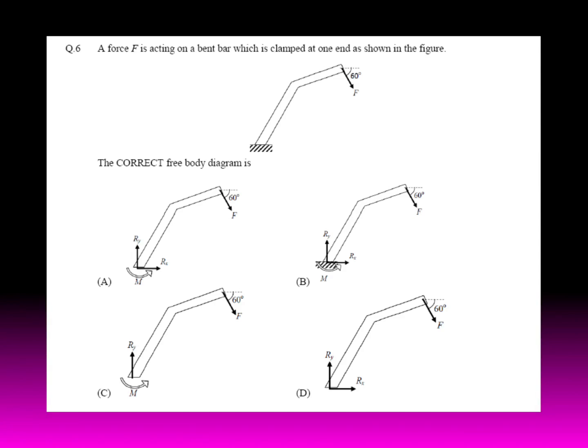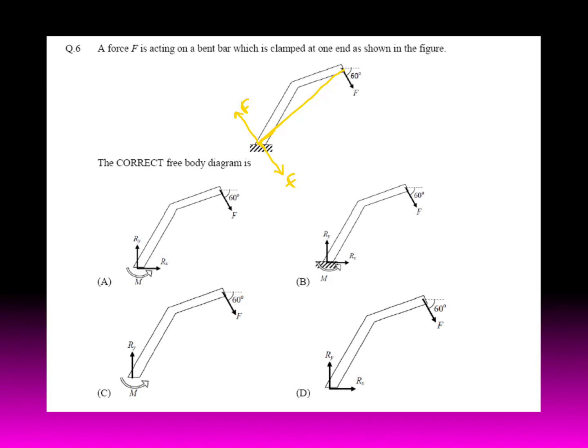Question 6: a force F is acting on a bent bar which is clamped at one end as shown in the figure. The correct free body diagram is, you have to find out which is the correct free body diagram. So here it's 60 degrees, so here also in 60 degrees you take a force, on the opposite side the same force, they will cancel each other, and you will get a couple.